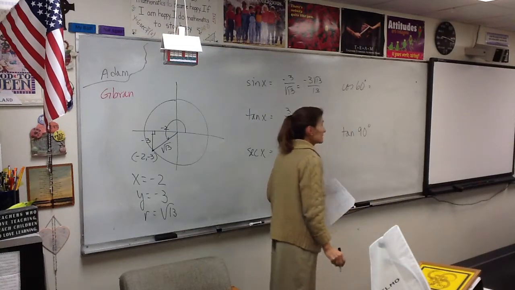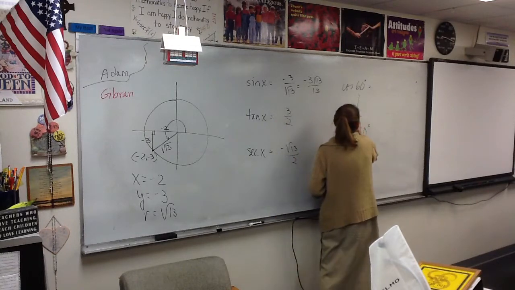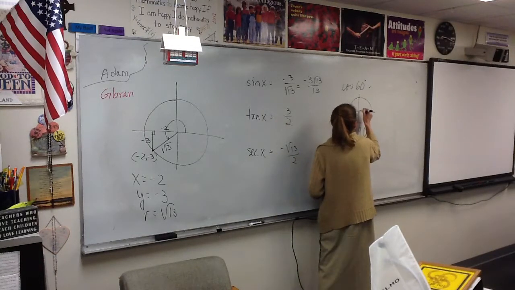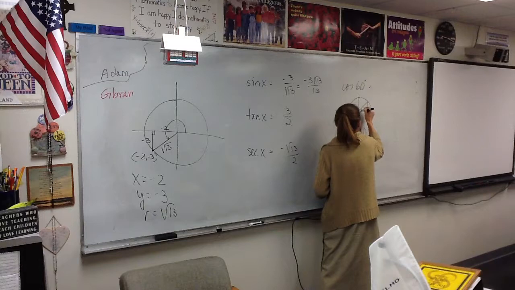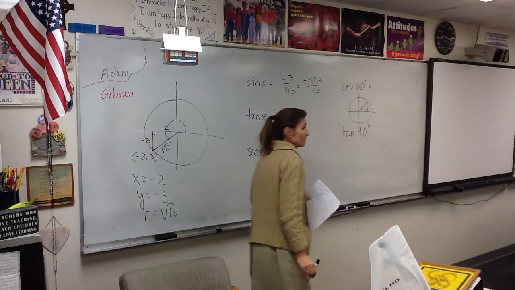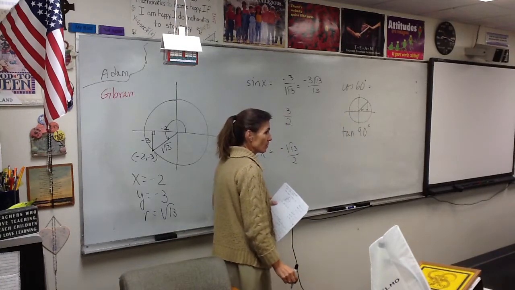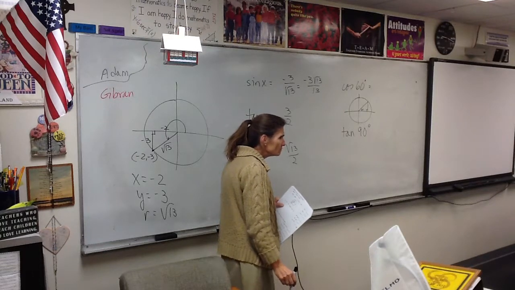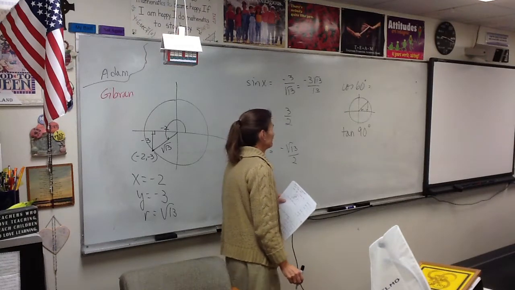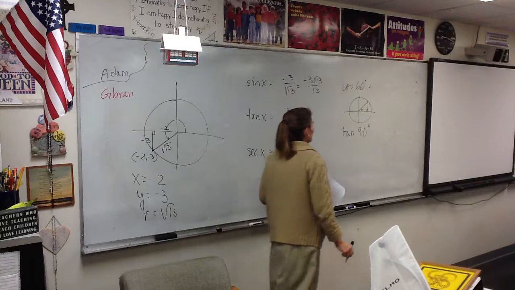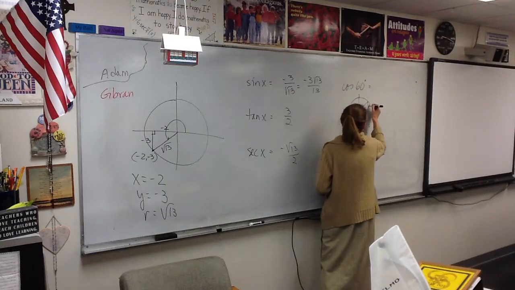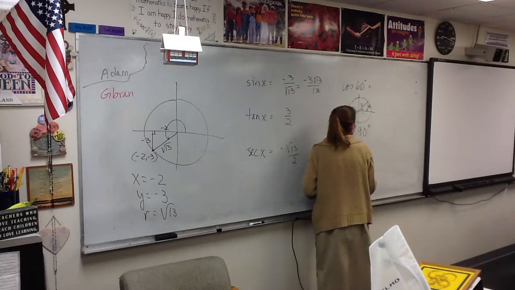All right, cosine 60. Draw my little circle here, 60 degrees, that's right there in quadrant 1. Oh, this is a no calculator problem. So the cosine of 60, well, this would be root 3, this would be 1, and this would be 2.